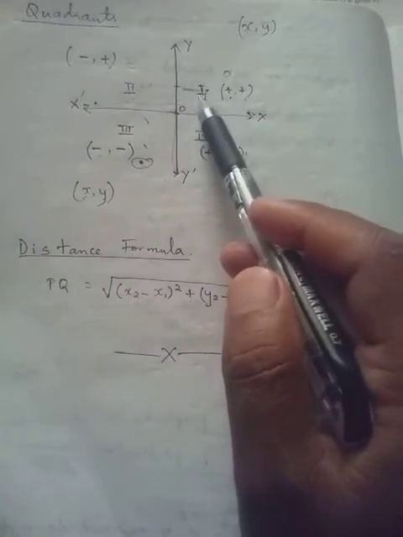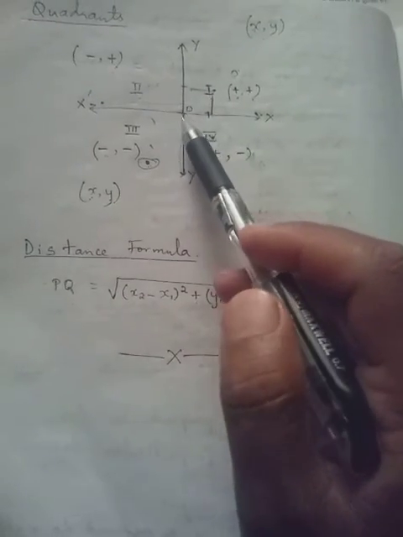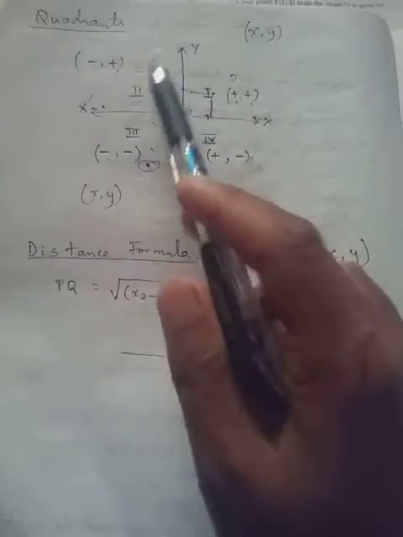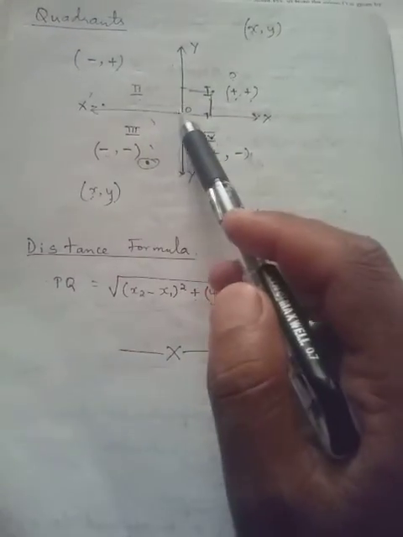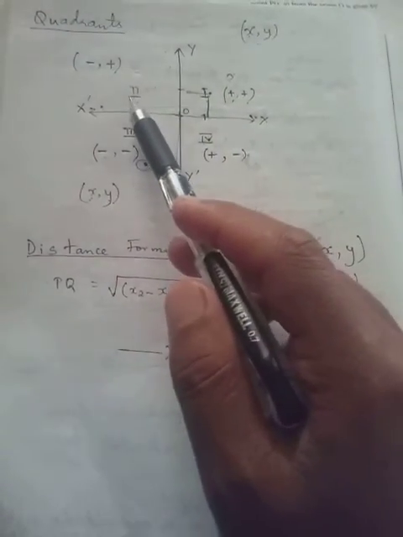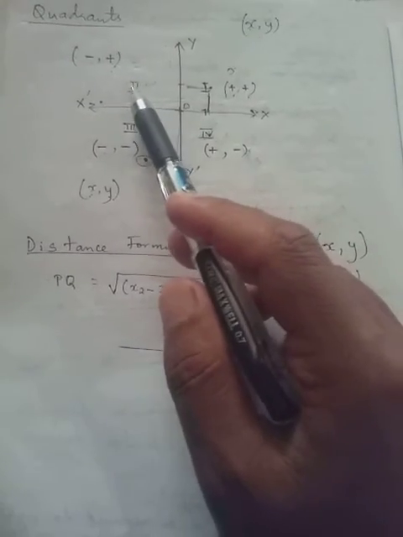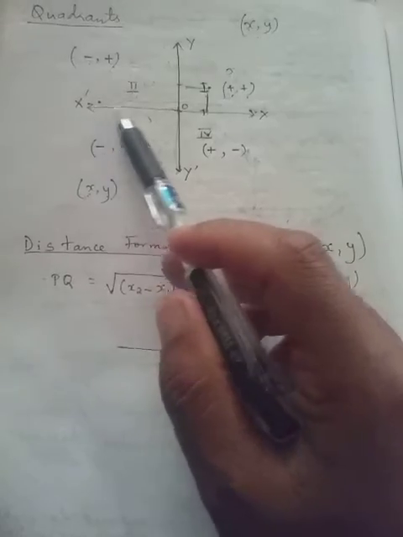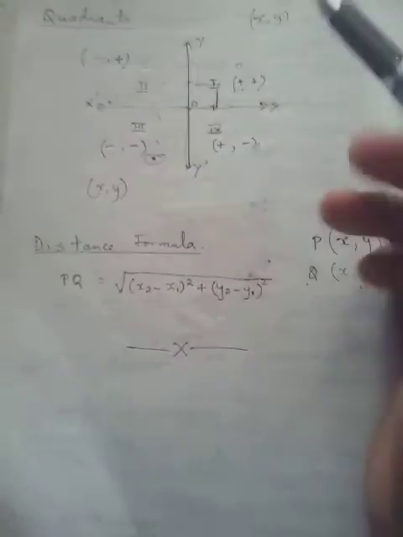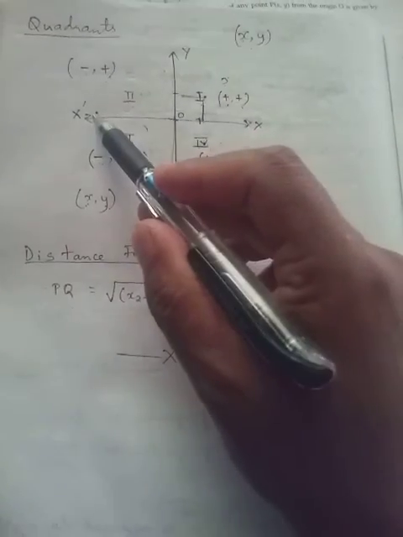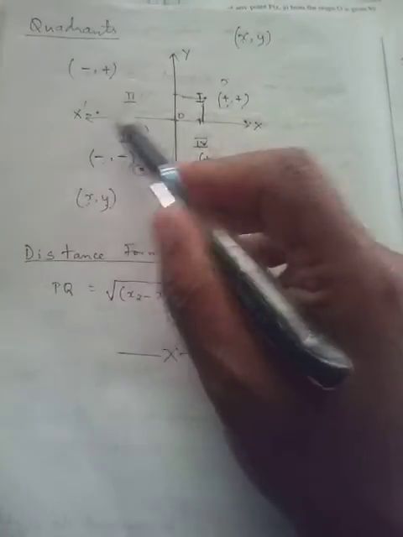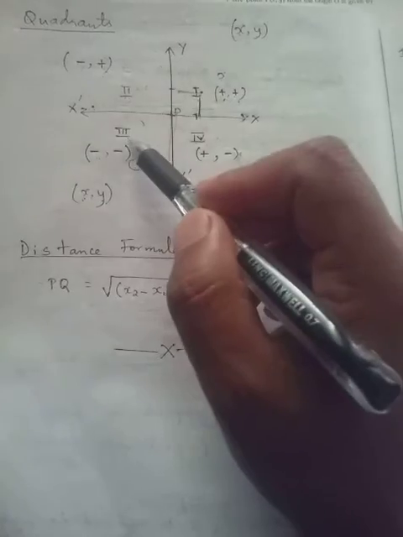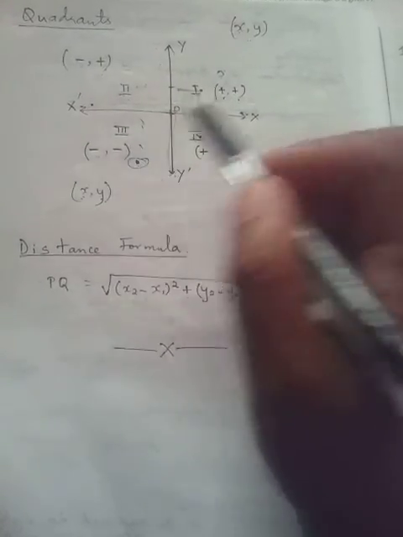Then X dash, O, Y will form the second quadrant, which we write as Roman numeral 2. Then we have this one below, the third quadrant, X dash, O, Y dash. This area, formed by X dash, O, Y dash, we call the third quadrant, written as Roman numeral 3.